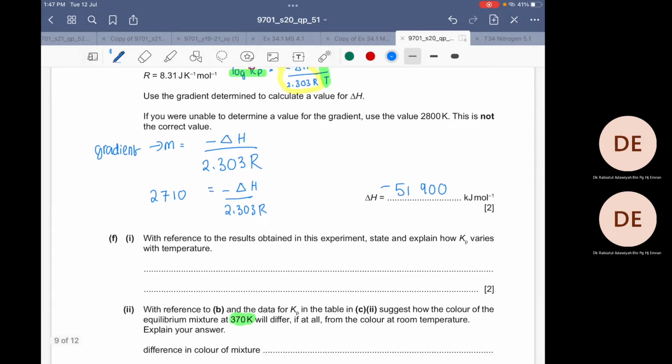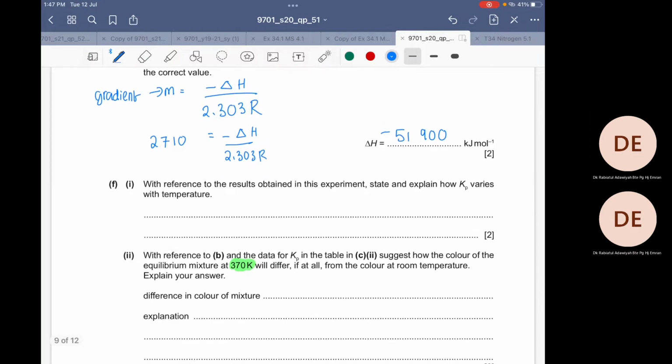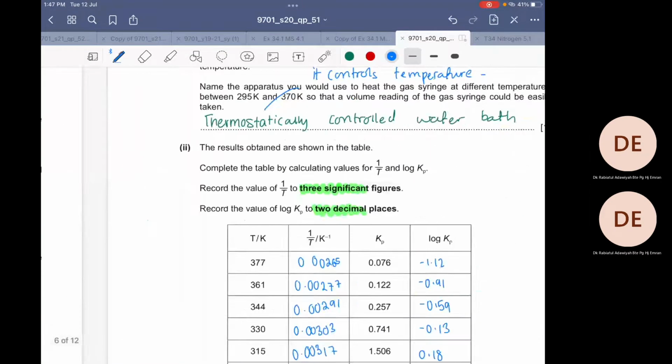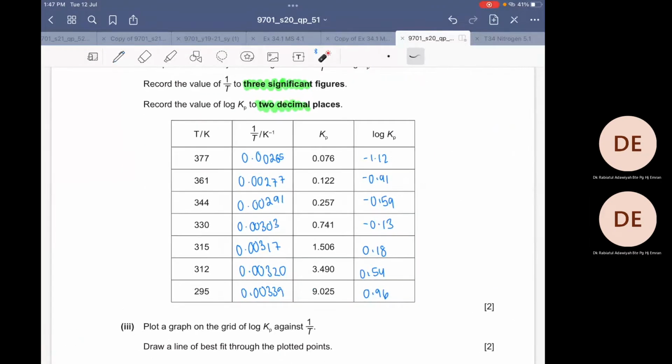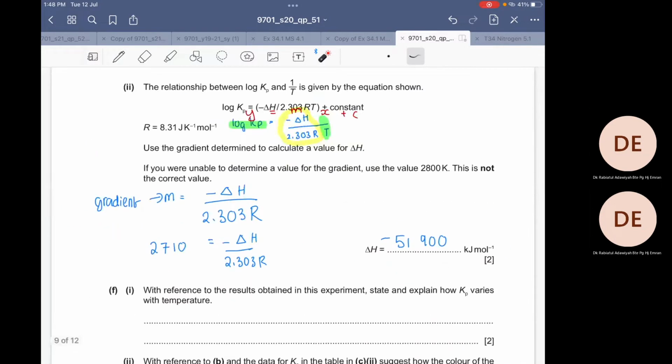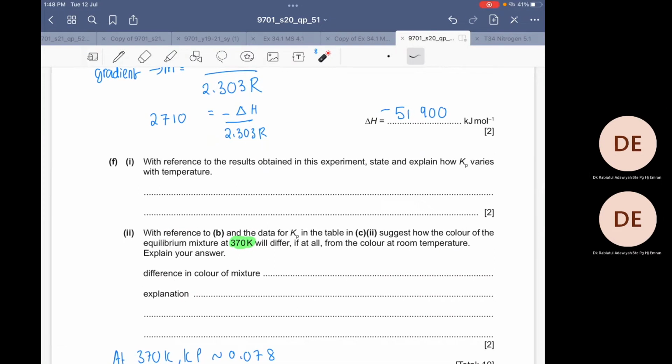With reference to the results obtained in this experiment, state and explain how Kp varies with temperature. So I would go back to the table. As your temperature increases, going from 295 to 377, what happens to your Kp? Kp decreases. So there is an inverse relationship.